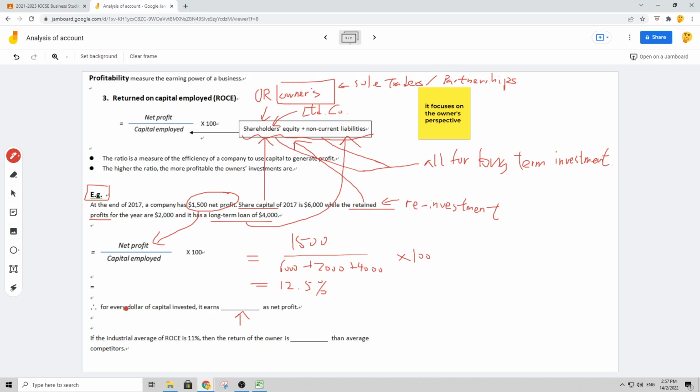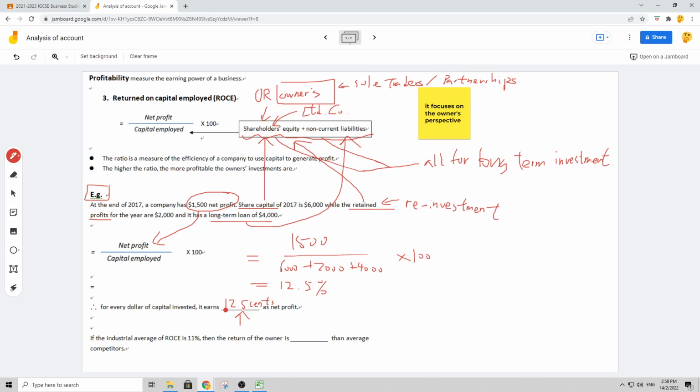For every dollar that you have invested into the company, based on the percentage, you are able to find out the answer. I think it's that simple. Yes, you can say so, Kenny. So you're earning 12.5 cents for every dollar that you have invested. So you get a rough idea.